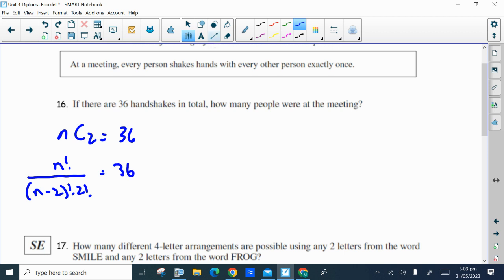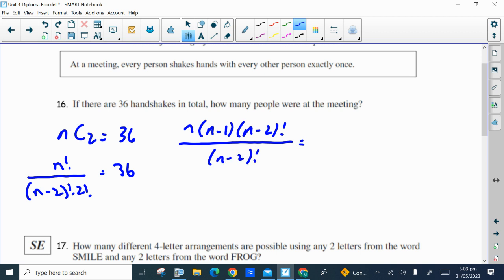So I can expand the n factorial: n times n minus 1 times n minus 2 factorial over n minus 2 factorial equals, on the right side, you're going to multiply both sides by 2 factorial, which is just 2, which gives us 72 on the right. The n minus 2 factorials cancel.